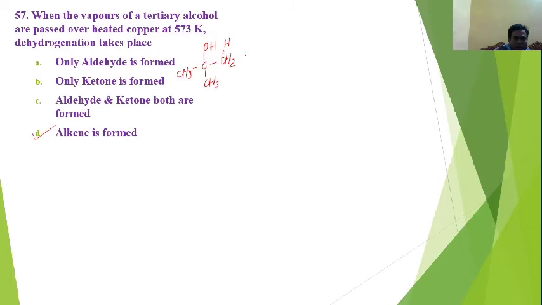In presence of copper at 300 degrees Celsius, it undergoes elimination of water, not dehydrogenation. The product is CH3, C double bond CH2, single bond CH3. So alkene is formed.